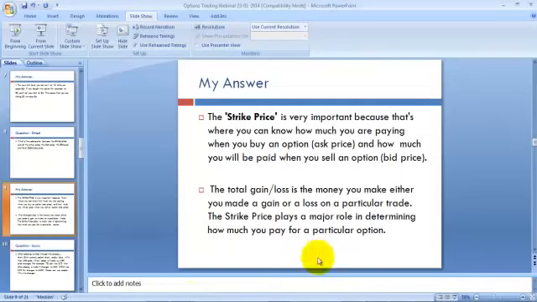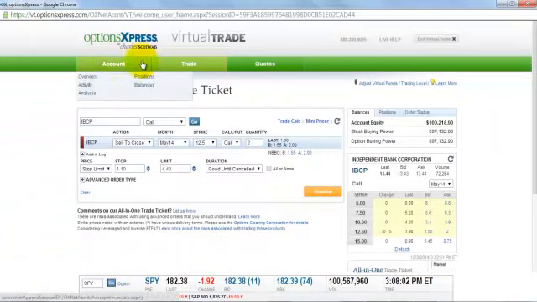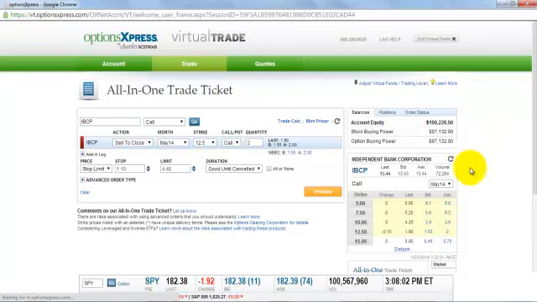Okay. And he also said the percentage gain and the loss. So if I go to account and then positions, the percentage gain and loss is very, very important because that's where you know that you are losing money or you are making money. Okay, and it shows you whether you're in profit or you're in a loss.